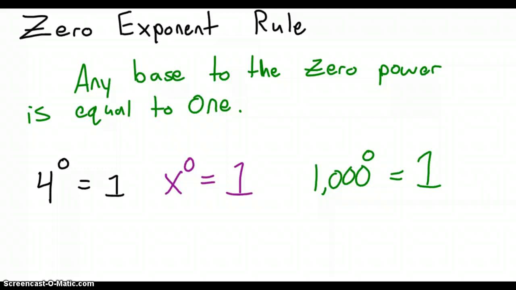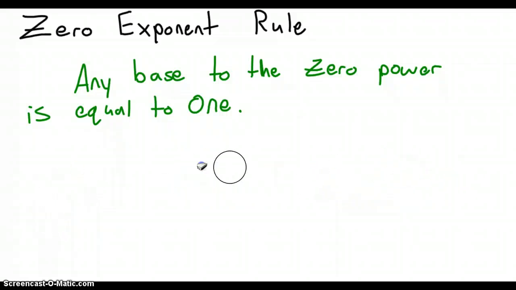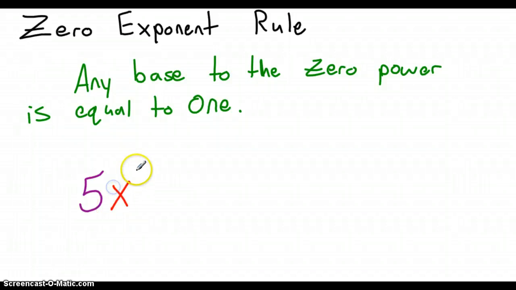But what happens when we have some sort of combination? Say we have a multi-term expression here, something like this. Say we have a 5, and then we have an x to the 0 power. Alright, so notice how the rule says any base to the 0 power, only that term will turn to 1.